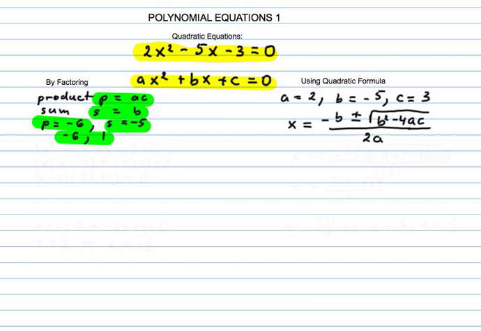So our coefficients a, b, and c are listed here because they are given in this equation. So a is 2, b is -5, c is 3. So the formula that we are using here is presented right here, -b plus or minus.